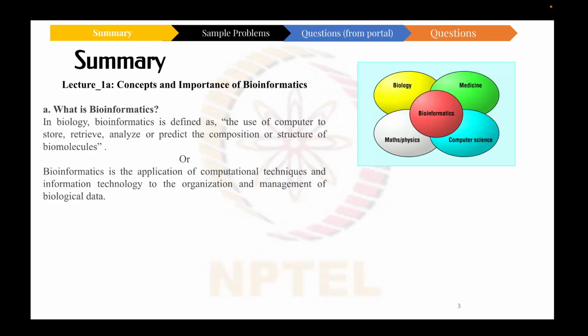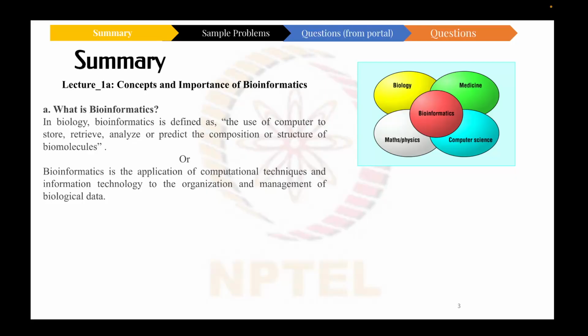The other one is mathematics, which provides the theoretical foundation for many bioinformatics algorithms and statistical methods used in analysis of the biological data. Mathematical models are employed for tasks such as sequence alignment, structure prediction, and statistical analysis of large-scale genomic data. Then we have physics, which contributes to the understanding of structural aspects of biological molecules, particularly in structural bioinformatics. Finally, we have the core subject, computer science, which provides the tools and techniques for data storage, retrieval, analysis and visualization.